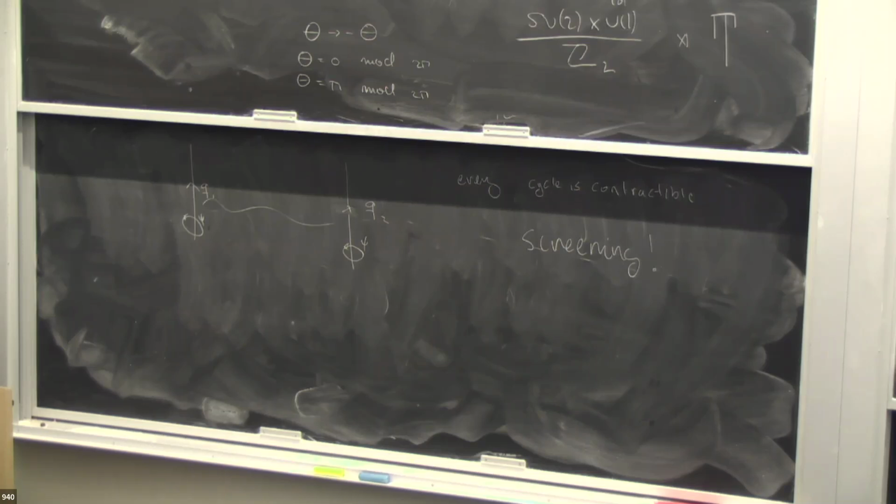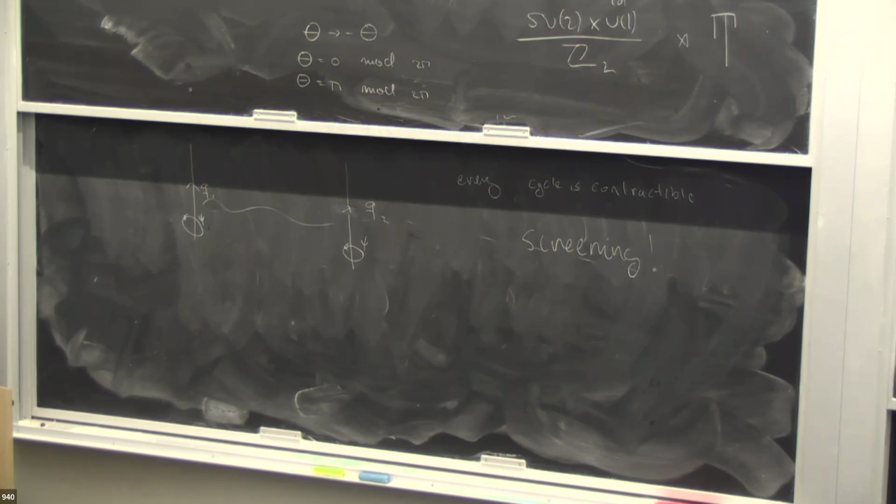That's just a summary of what I'm saying. Integer charges are screened. There is no logarithm. That's what I mean by screened. There is no logarithm in the energy. But fractional charges are unscreened. That's just the property of Maxwell theory with some heavy charged particles. So there is a logarithm.